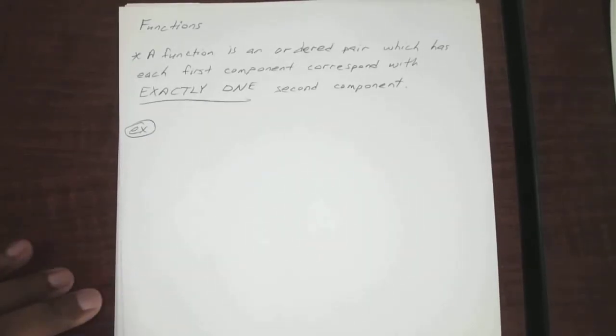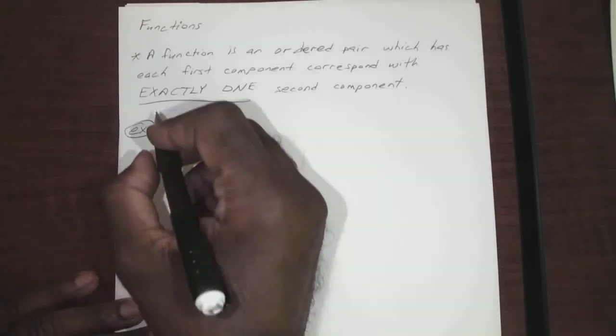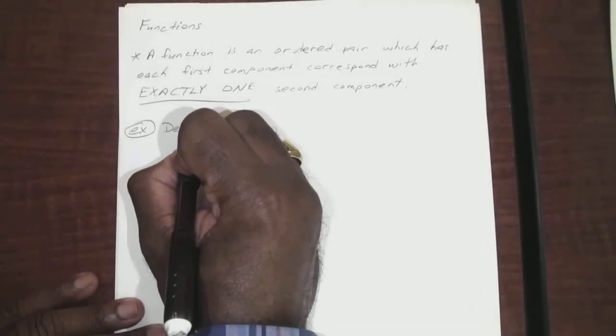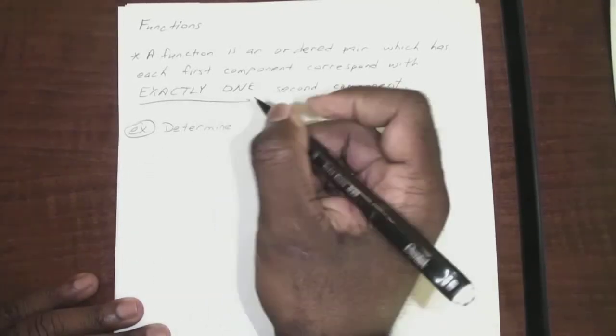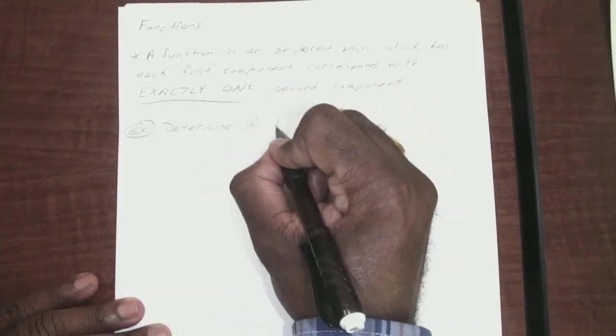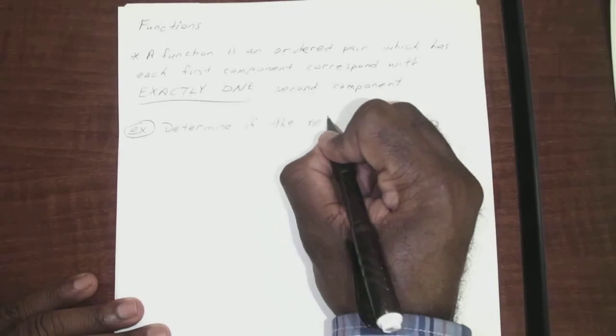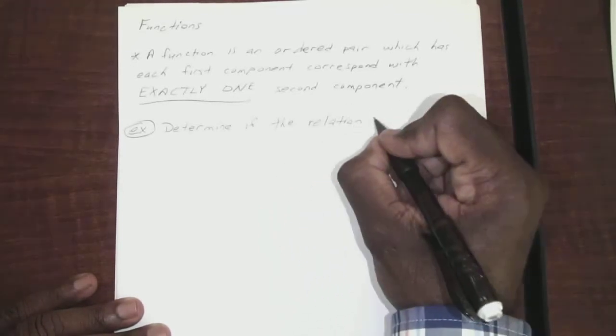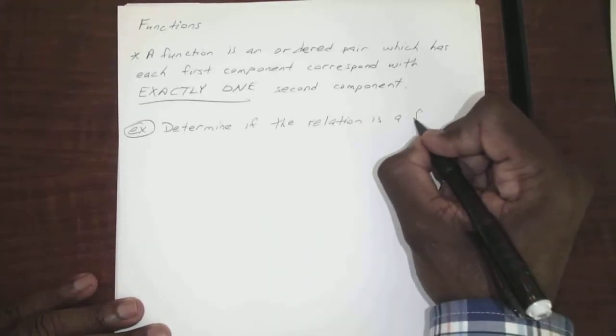Okay, so let's say, for example, we wanted to determine if a group of ordered pairs represent a function. So determine if the relation is a function.